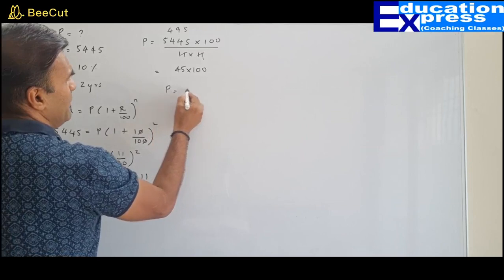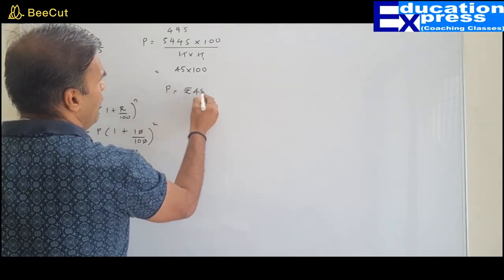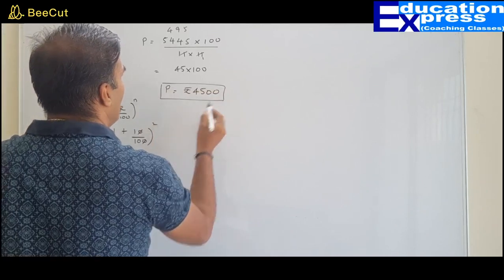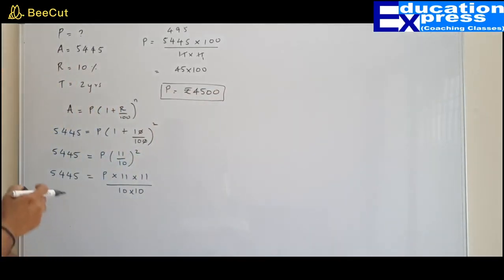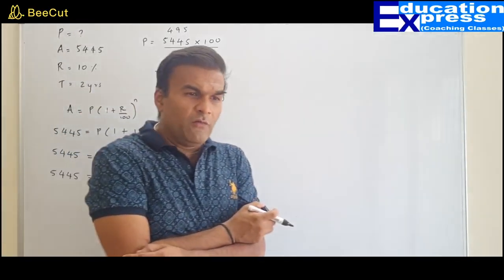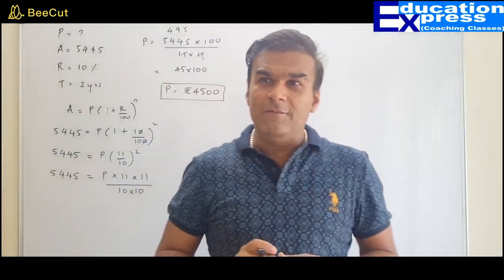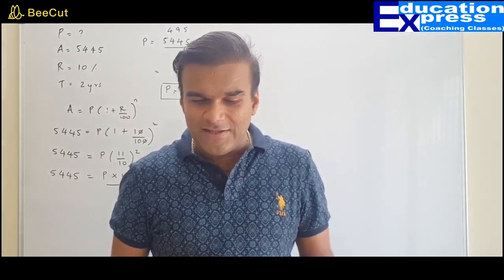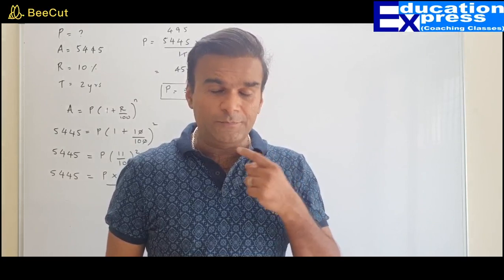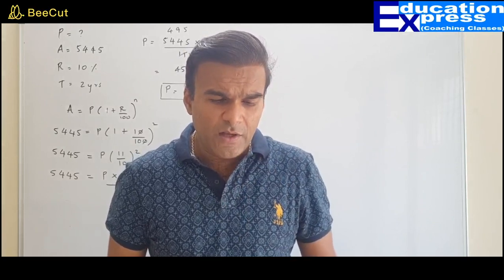So your principal amount is rupees 4500. That is why this chapter is far more interesting as compared to the previous chapter, because we are using the formula. Formula enhances our speed. It works with accuracy, and that's the reason why we are able to do this at a greater pace.